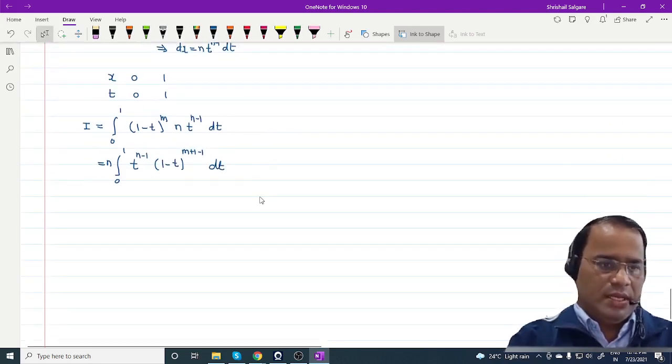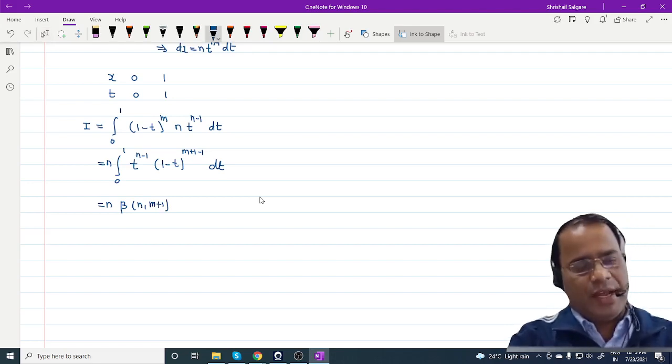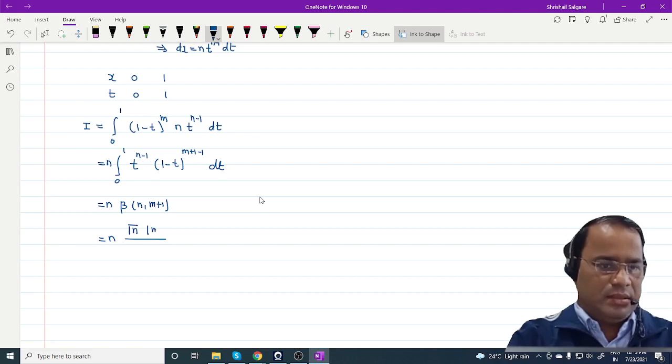So it can be written as n into beta of n and m plus 1. Further, if you use the property, it can be written as n into gamma n, gamma of m plus 1 divided by gamma of m plus n plus 1.